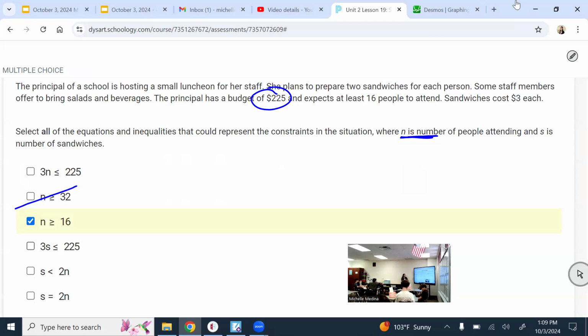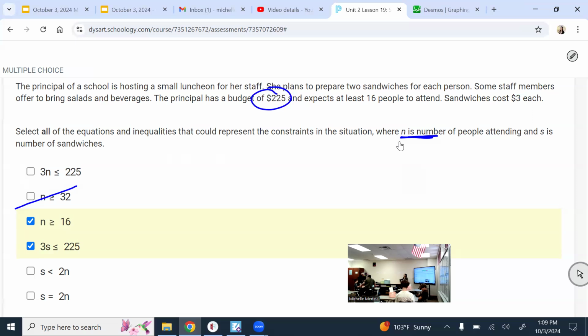Now this one is multiplying by the s. s stands for number of sandwiches. Does that make sense? Because the sandwiches cost $3 each. And we want to stay under budget. So that looks good. Would I do 2 less than 2n at all? So 2 times the number of people, and then I want my sandwiches to be less than that.